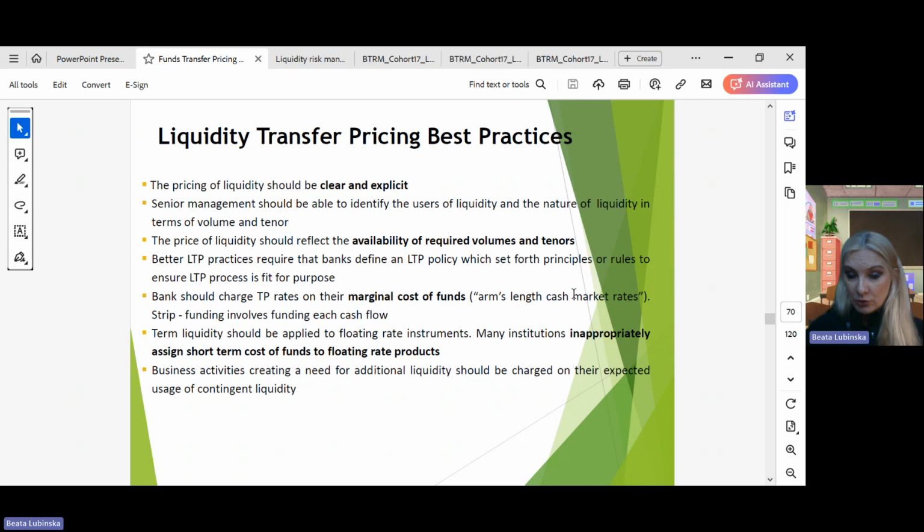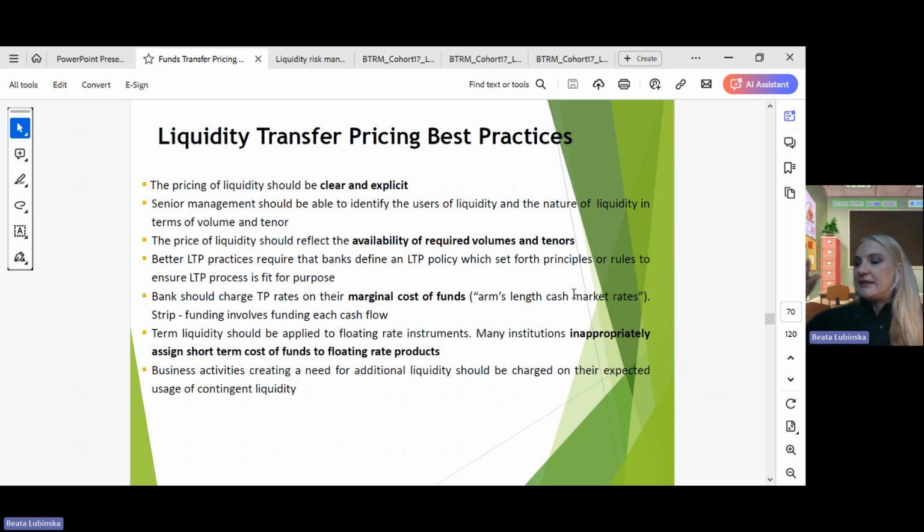So the central FTP model, which we are discussing in this presentation, is working on the marginality approach, which means you are answering the question through this marginal cost of funds: how much I have to pay for additional funding to fund 1 unit of new assets.